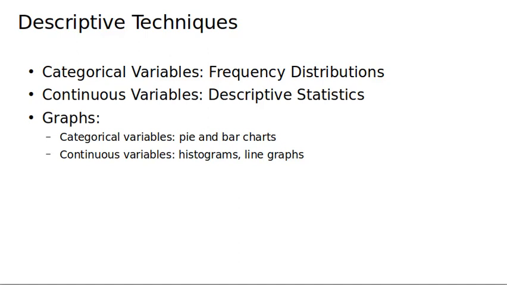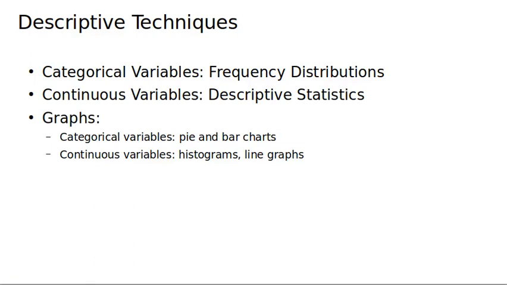Some of the techniques we learned using the software we were using, SPSS, and we could certainly use other software to accomplish the same things. Generating frequency distributions, looking at the breakdown of different categories with categorical variables. And we used descriptive statistics to study those different measures of central tendency and variability for continuous variables.